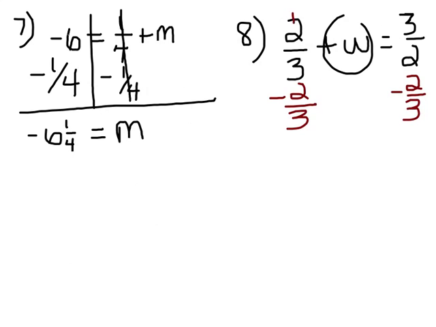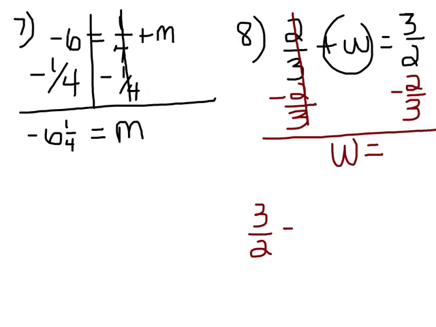On the left side, a positive 2/3 and a negative 2/3 will cross off, and we'll be left with w equals. Now we have 3/2 minus 2/3. Again, we'll need to find a common denominator, which is 6.